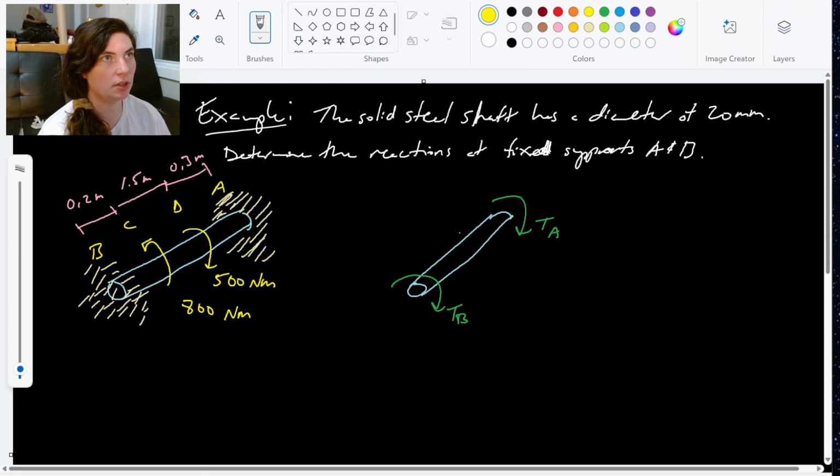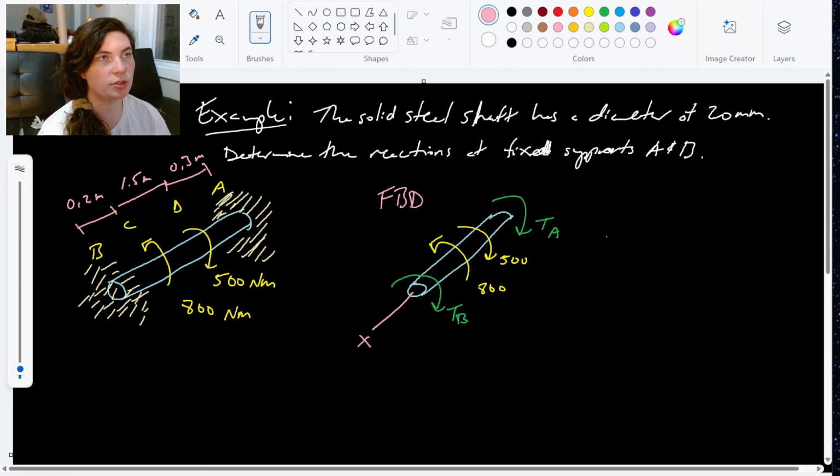And then include those applied moments that are on there, those torques. 800 Newton meters. And the way that we're going to approach these is we'll remember our moments from statics, imagining that this is the x-axis.